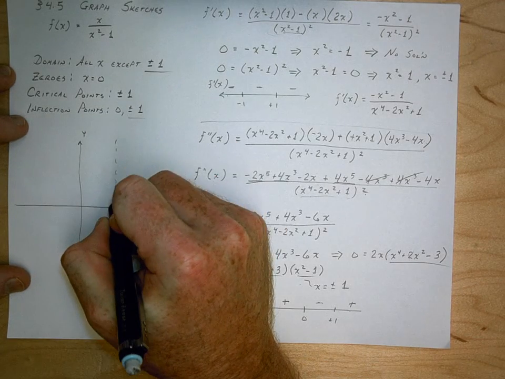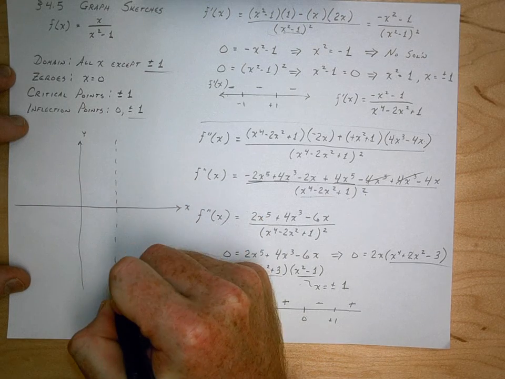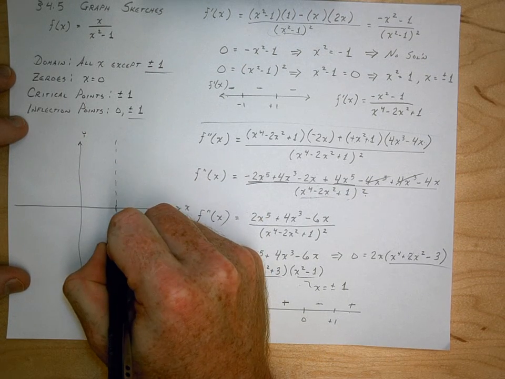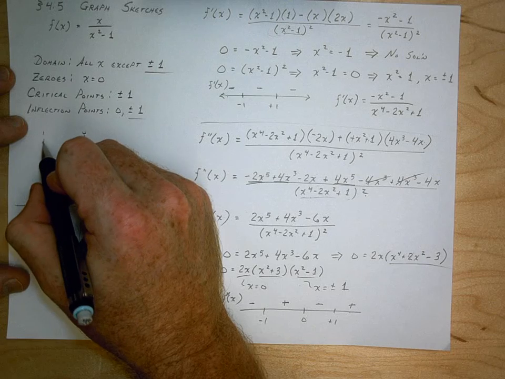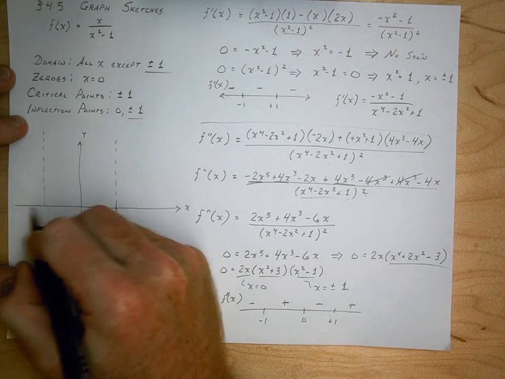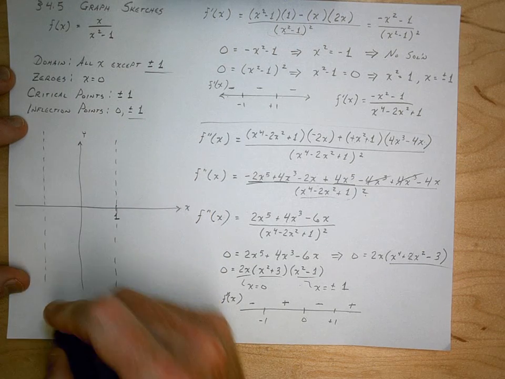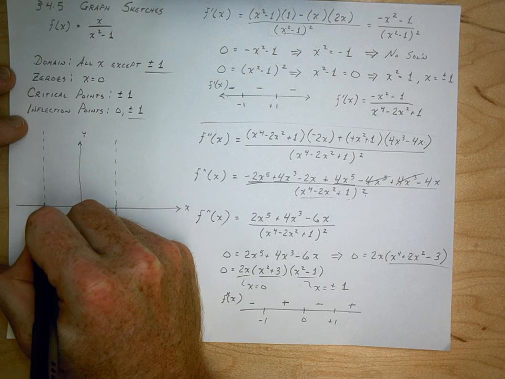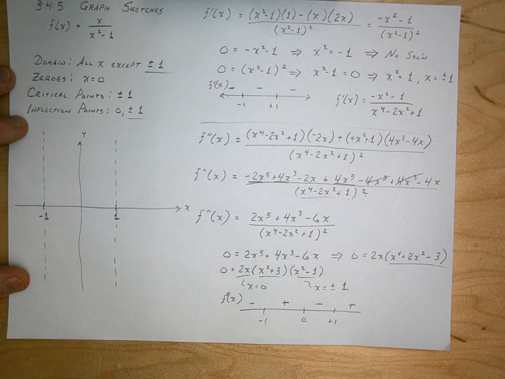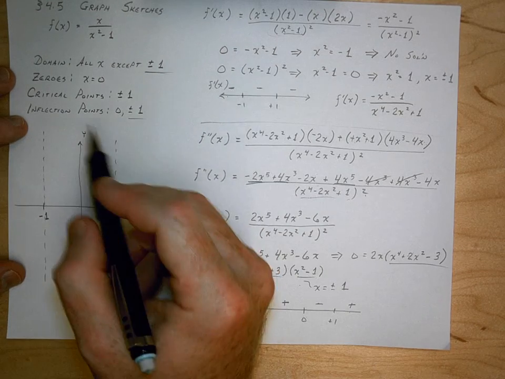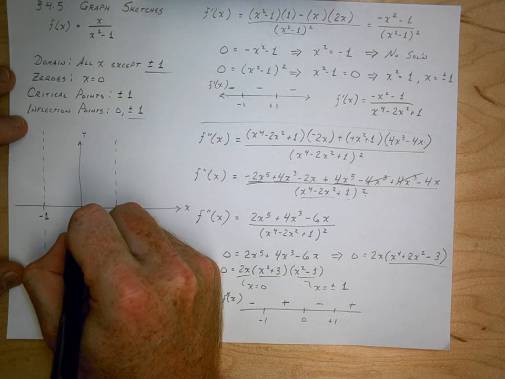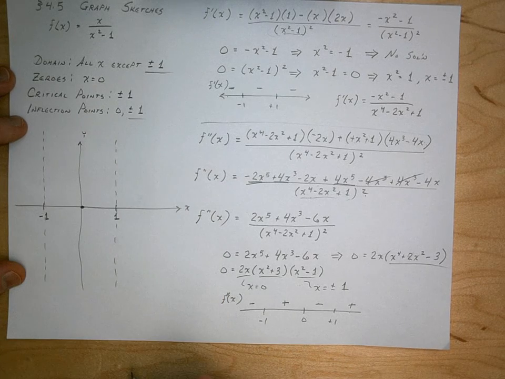So let's sketch those in. I'm claiming that's positive 1. That's negative 1. I know the only place where my function crosses the x-axis is right here.